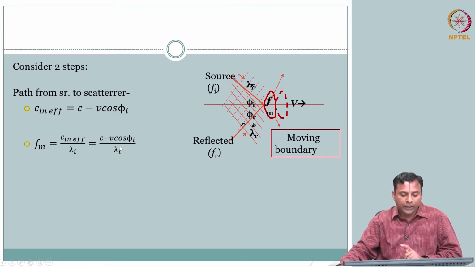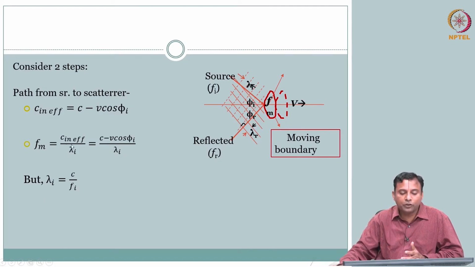Of course, there is one more item here, lambda I. What is lambda I? Oh, lambda I is in the medium, nothing to do with this guy, this is what I am sending and it is in the medium. So, lambda I is related to your c and fi, right. So, lambda I is c by fi, that is in the medium, you are transmitting in the medium, straightforward, lambda is equal to c by f.